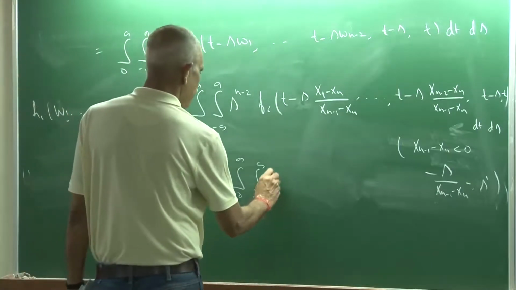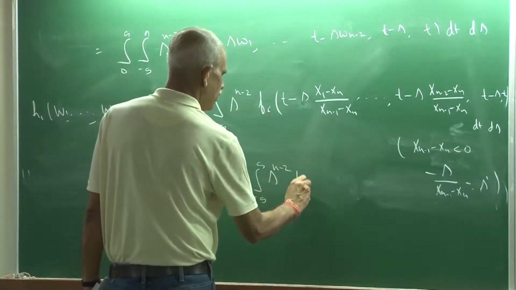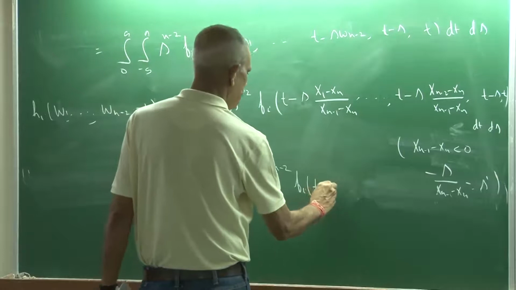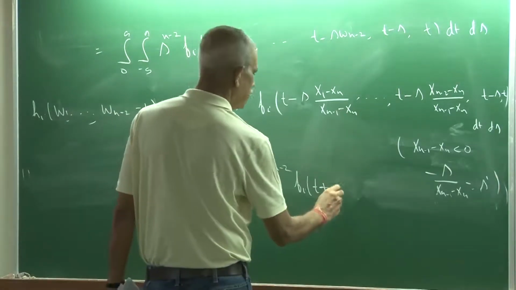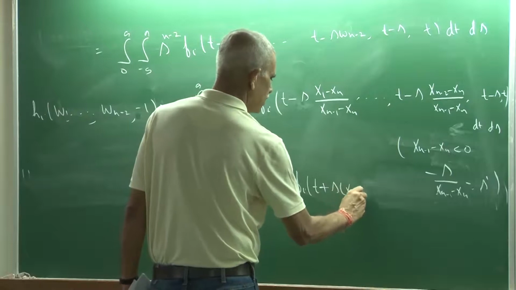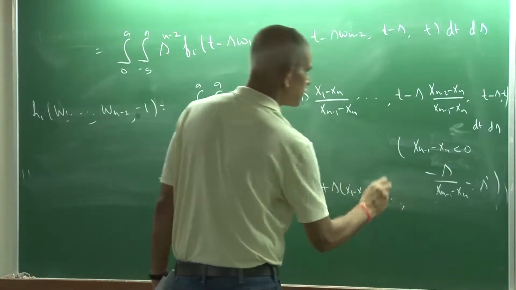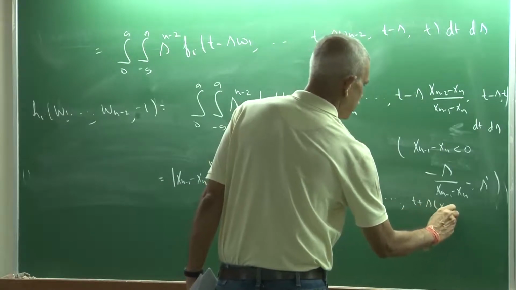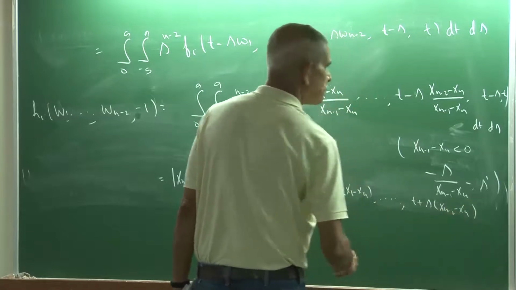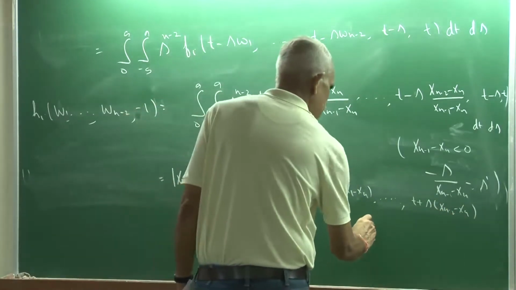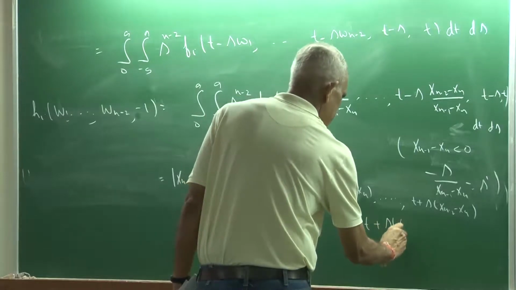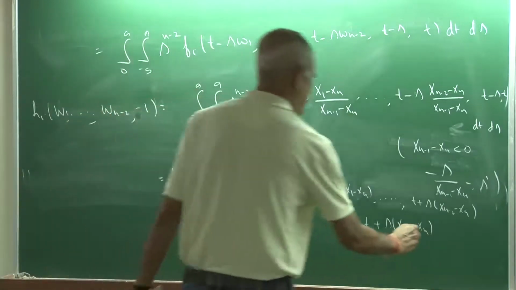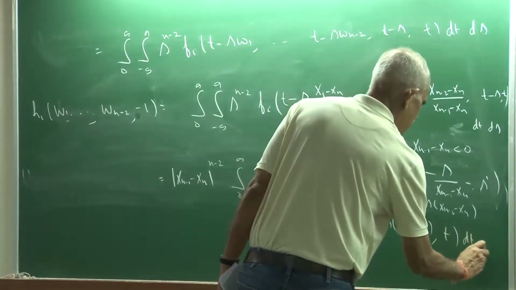And then s to power n minus 2 phi of t minus, so this becomes t plus s prime, so t plus s times x1 minus xn, t plus s times xn minus 2 minus xn, then t minus s, so t plus s times xn minus 1 minus xn, and t as it is, dt ds.